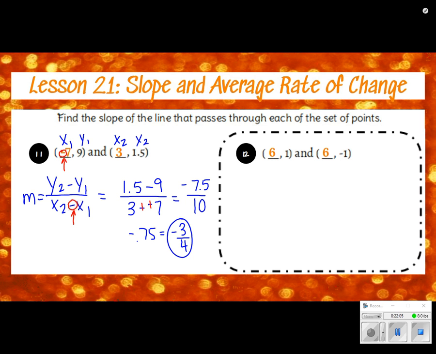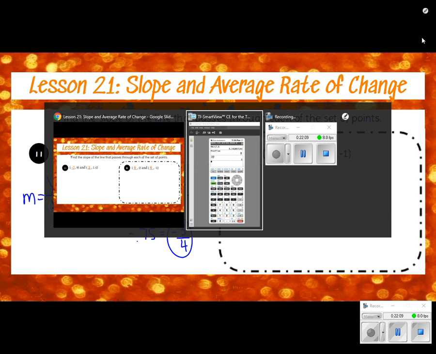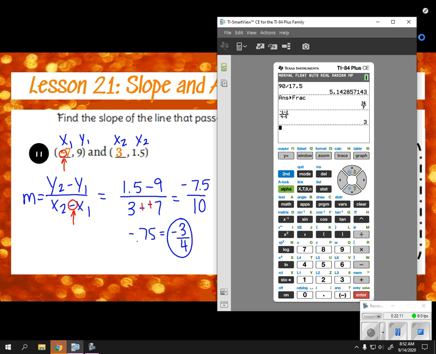But let's feed this into the calculator and see what the calculator will do for us. So alpha y equals, again, if you're not practicing with the calculator, you're not going to know what to do when it does become time for you to use it. So I've got 1.5 minus 9 over 3 minus -7.